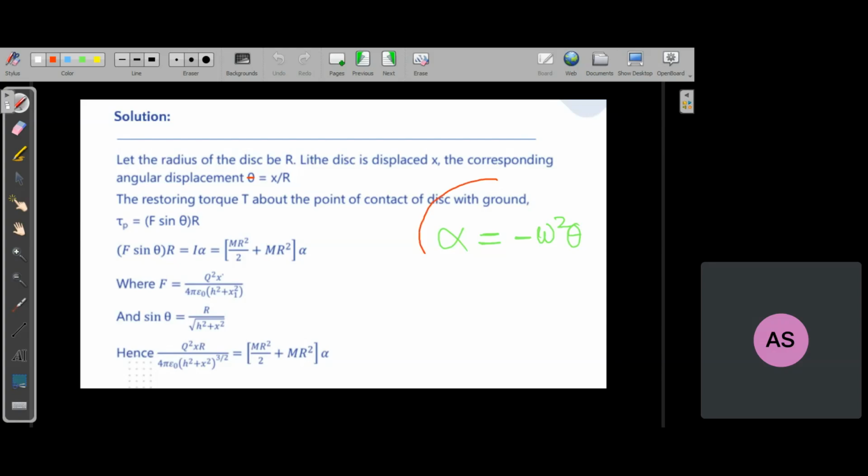Okay, you have no doubt? So you want to go to next? Are you there?